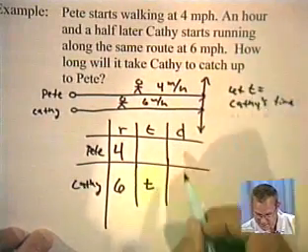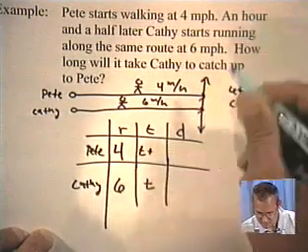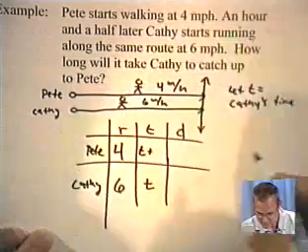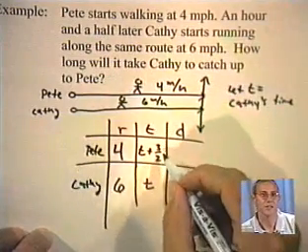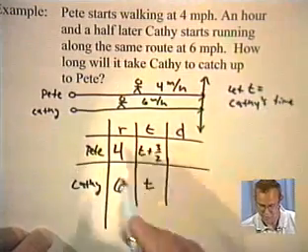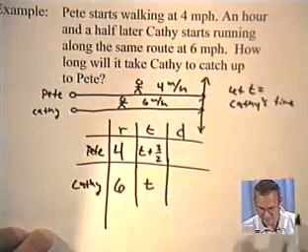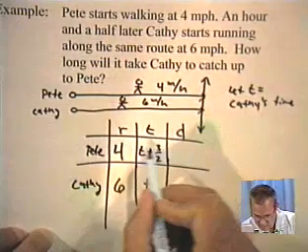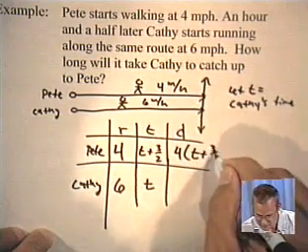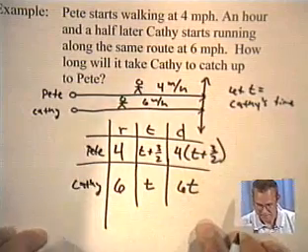Well, if it takes Kathy t hours, then Pete must be walking t plus an hour and a half. 3/2 is the fraction for 1.5. So Pete's time is Kathy's time plus an hour and a half. Now notice, this one must be 6t.